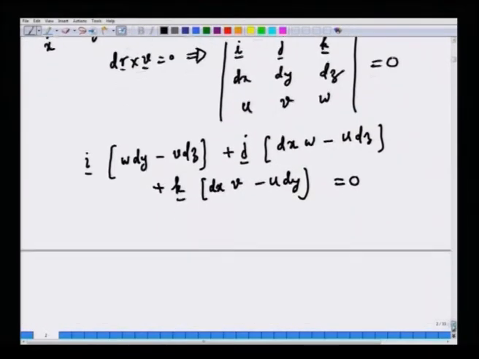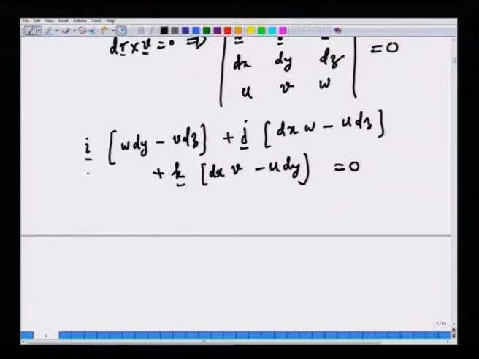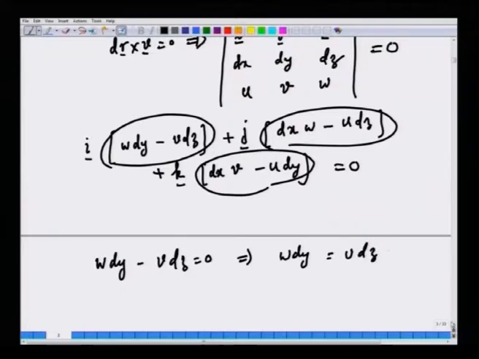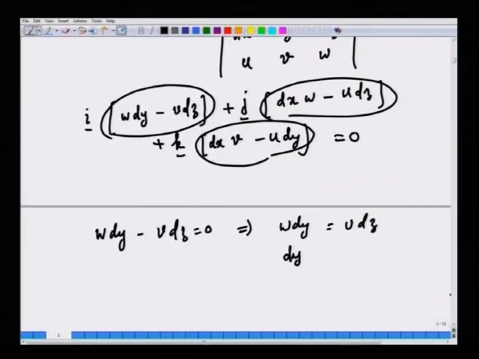Okay. So, if this is 0, this is a vectorial quantity. If this is 0, individual components along the three directions must be individually 0, because these three are orthogonal directions. So, w dy minus v dz is 0, which implies w dy is v dz, or dy by v is dz by w.